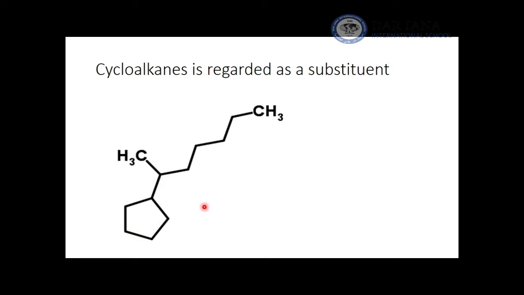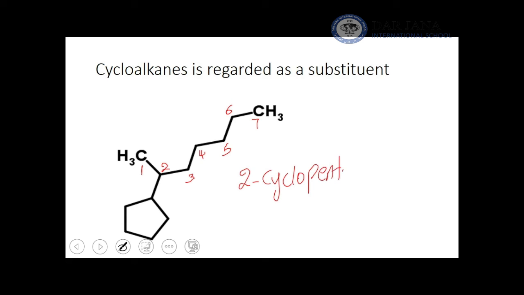So the correct name for this molecule is, I'm going to number the chain from here. This carbon will be number 1. So it will be 2-cyclopentylheptane.